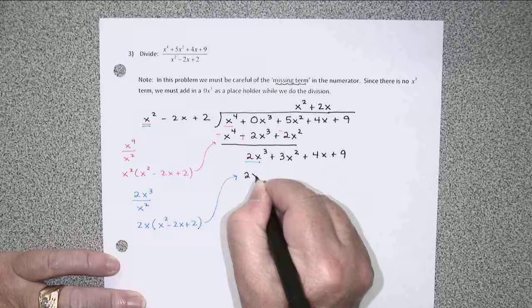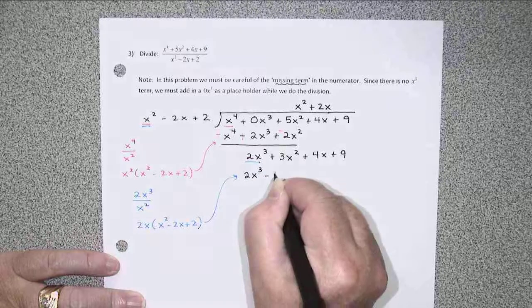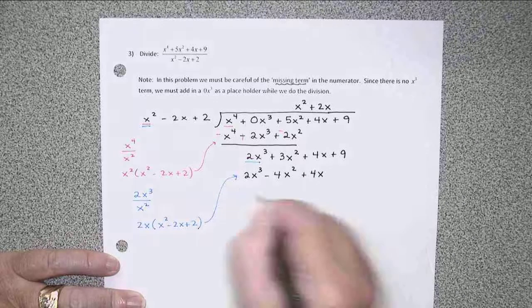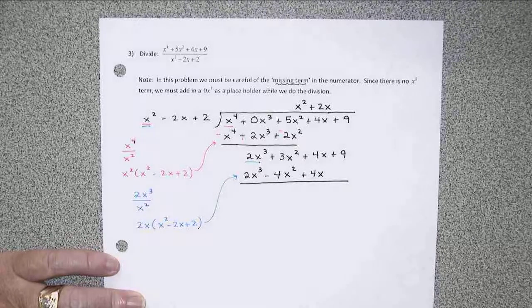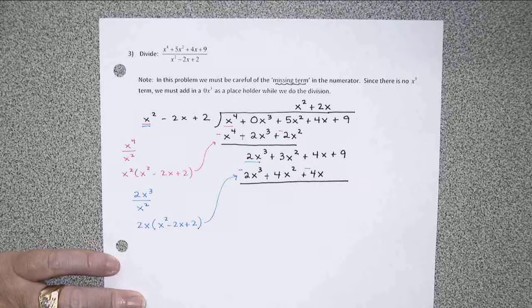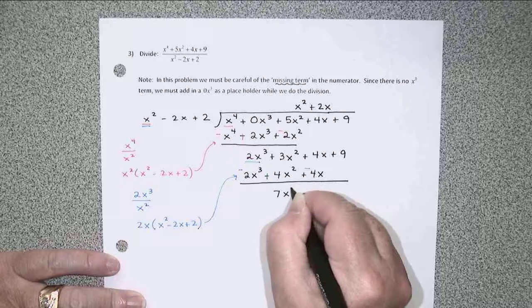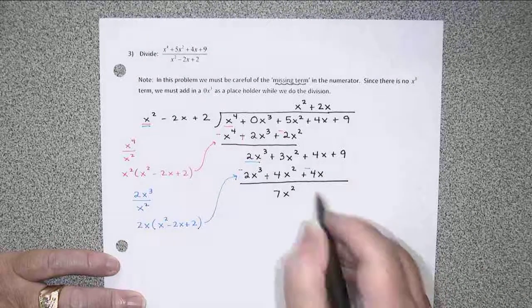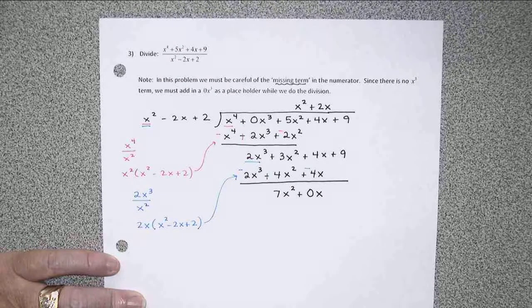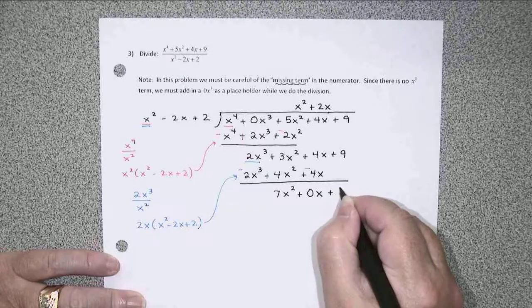When I multiply, I get 2x cubed minus 4x squared plus 4x. All right. Once again, I'm subtracting, so minus, plus, minus. No x cubeds left. I have 7x squared. There are no x's left. But once again, I don't really want to leave that spot blank, so I'm going to write it as a plus 0x, and then plus 9.